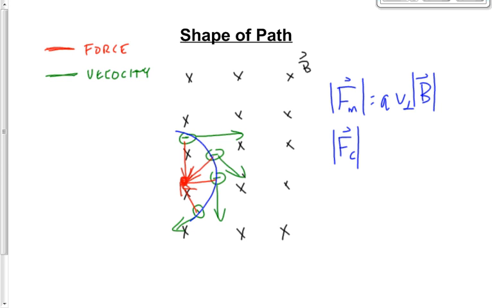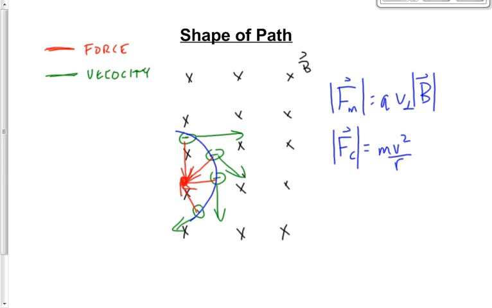If we call it the centripetal force, we could describe it by this equation that you learned in physics 20. You also learned in physics 20 that the centripetal force is not a fundamental force. It's always caused by something else. Like, for instance, in the case of a car going around a turn, it's caused by friction.